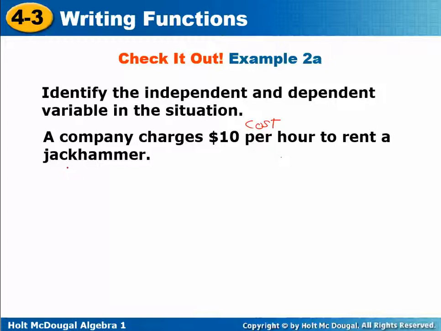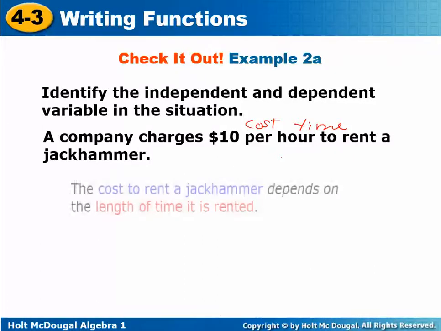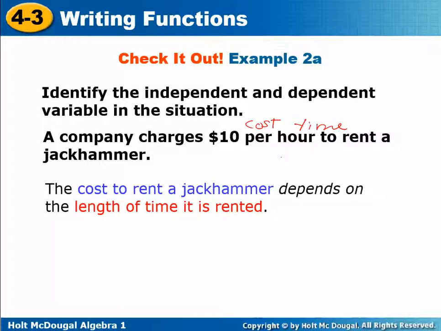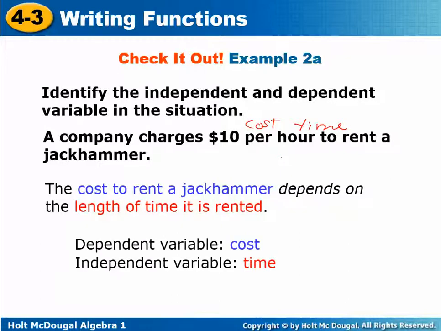Does the cost depend on the time, or does the time depend on the cost? The cost to rent a jackhammer depends on the length of time it is rented. Cost is the dependent, time is the independent. Like I said, time is almost always independent because you can't change it. It just keeps marching along.